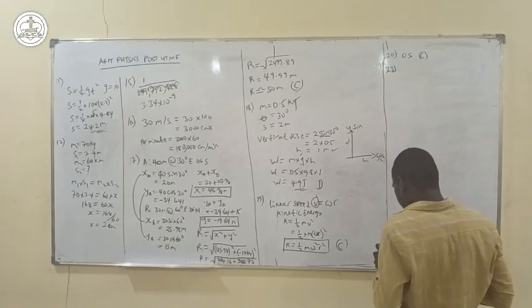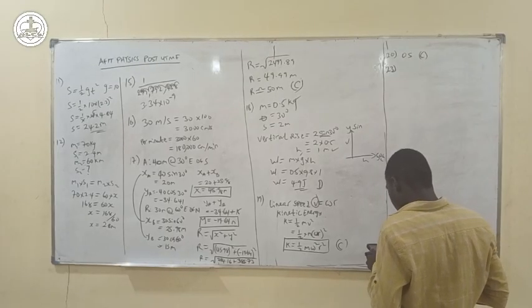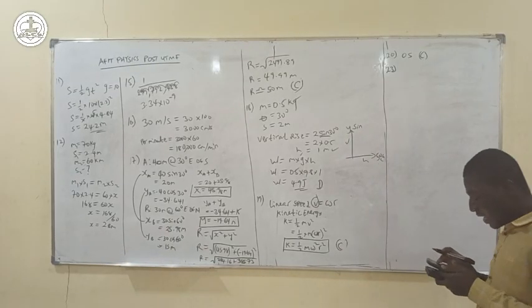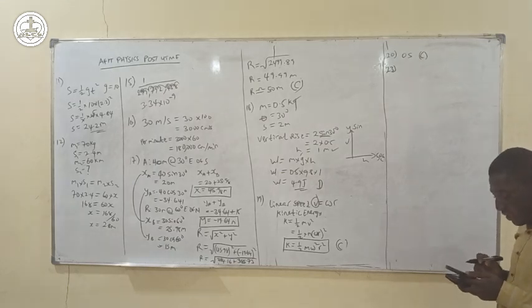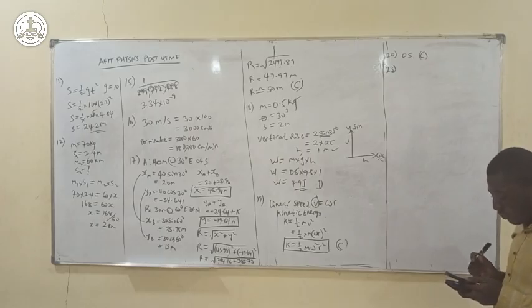Question 23 says three vectors a, b and c add together to yield 0. A plus b plus c is equal to 0. The vectors a and c point in opposite directions and their magnitudes are related by the expression a is equal to 2c. Which of the following conclusions is correct? A, a and b have equal magnitude and point in opposite direction.